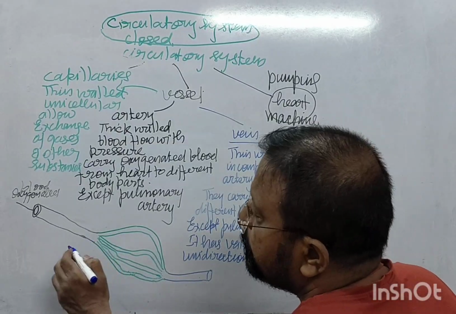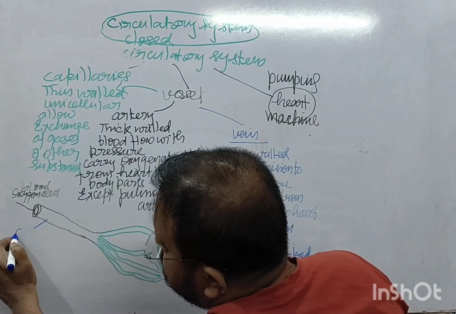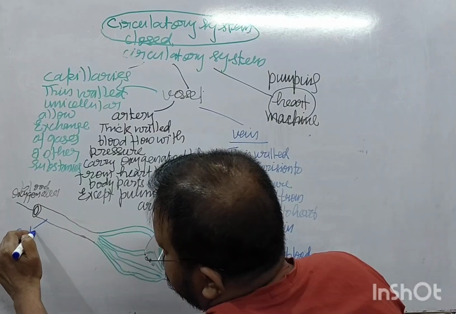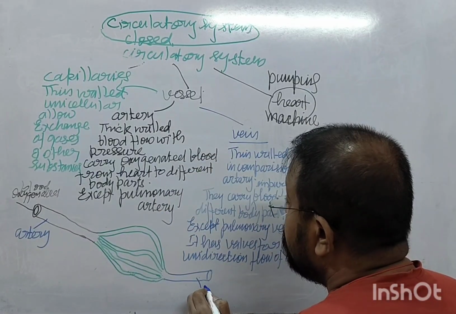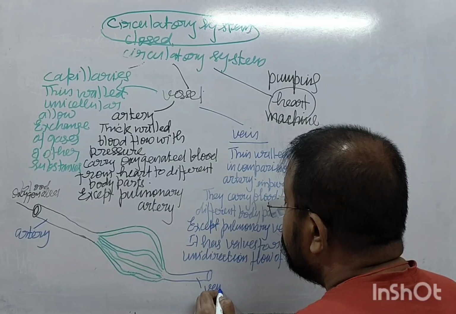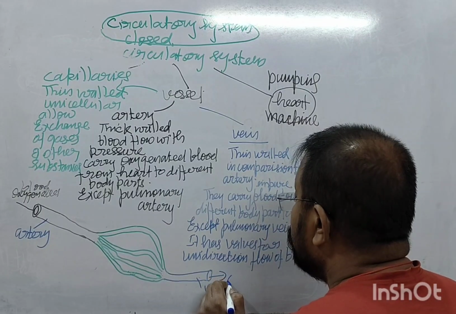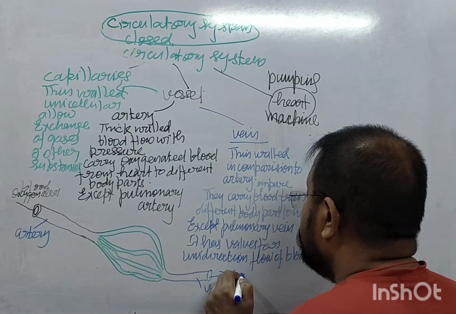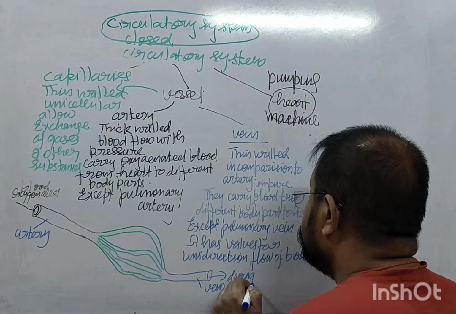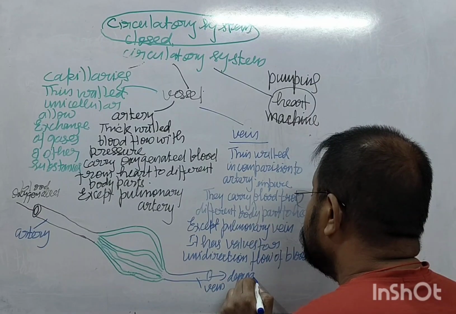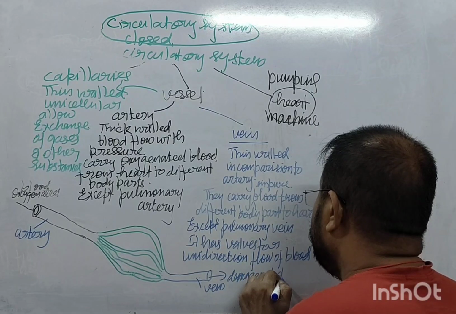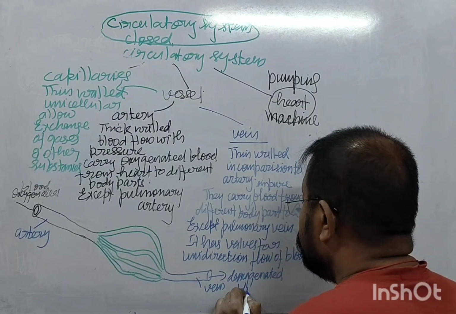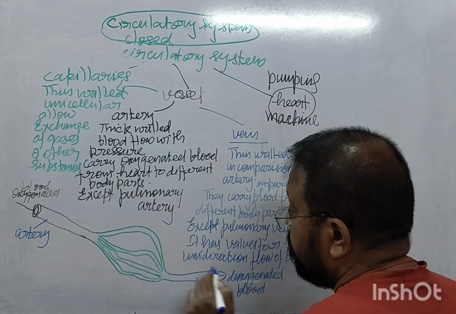This is artery. This is a vessel, vein. It is having deoxygenated blood. Deoxygenated blood is coming out.